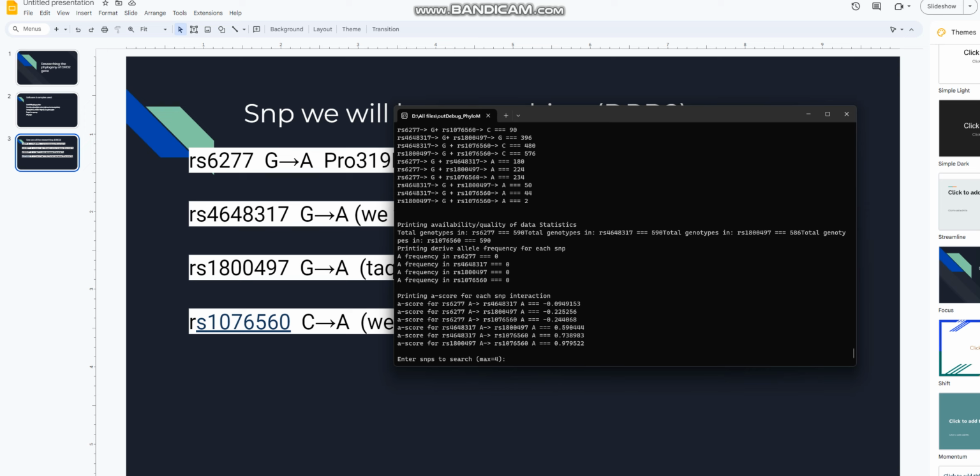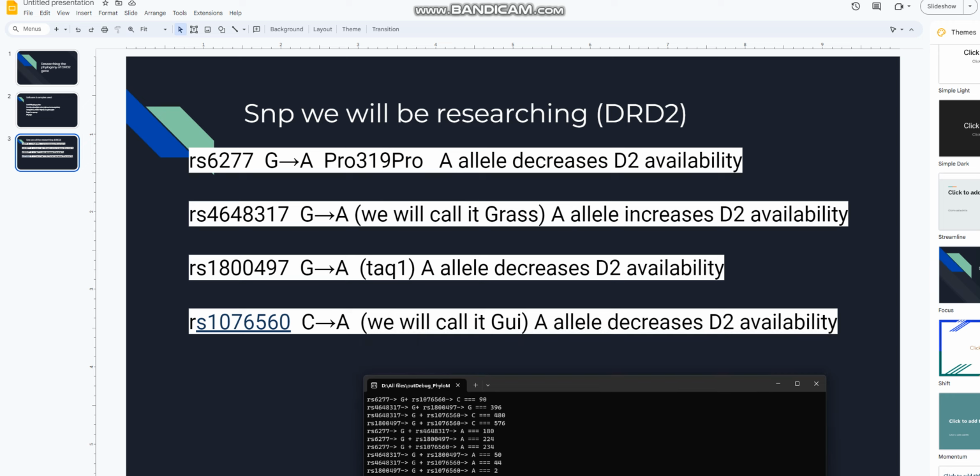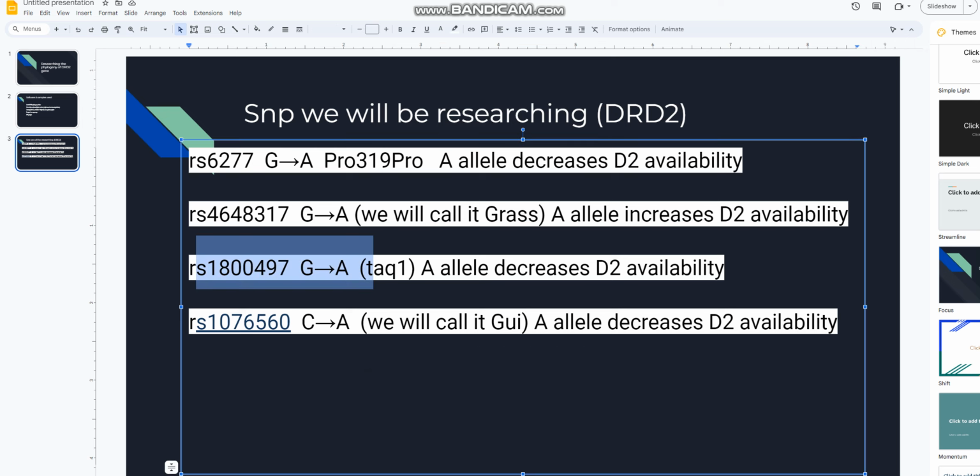Right, so it seems that the highest correlation is between TAC1-A and, I think, GUI-A. So the highest correlation is between these two genotypes, the A allele in TAC1 and the A allele in GUI. What's interesting about these two is that both of them decrease dopamine D2 receptor site availability.